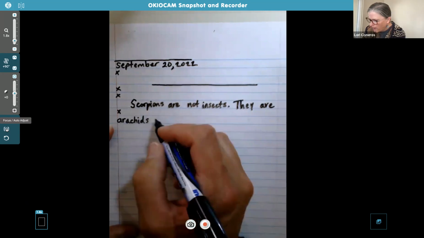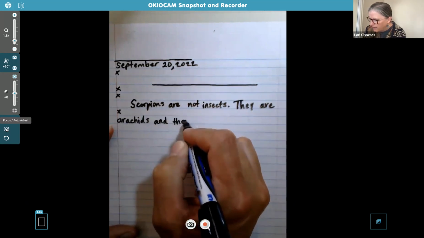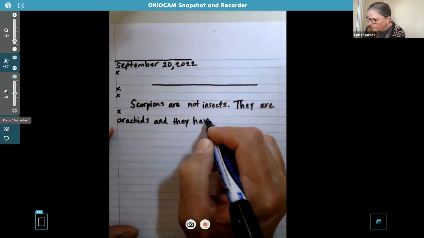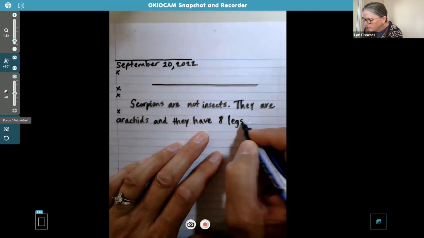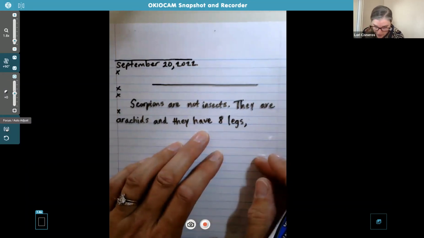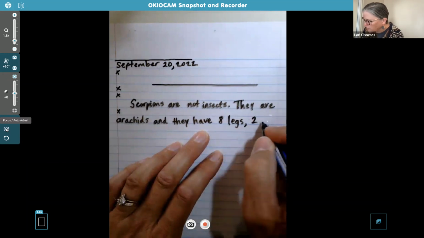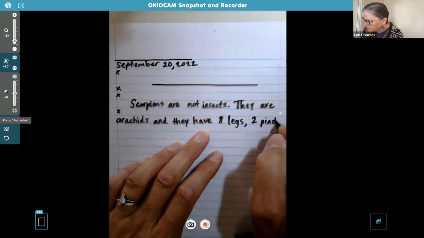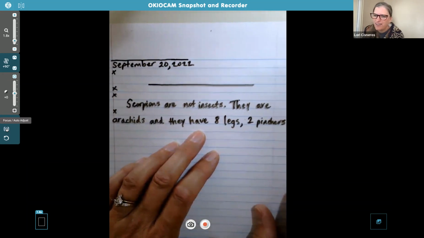They are arachnids and they have 8 legs. This is where we're going to list some things. So I'm going to use some commas here. 2 pinchers. Now notice I went a little bit over that red line. That's okay to go a little bit, but you don't want to go all the way to the edge of the paper.